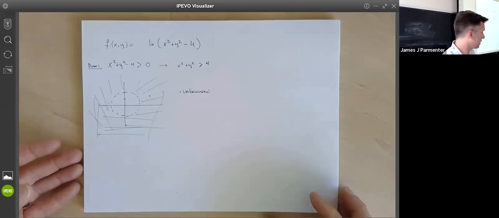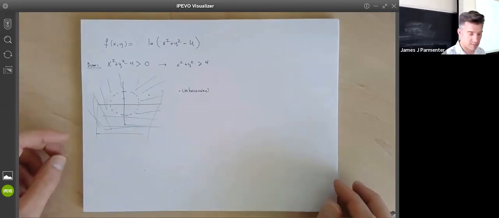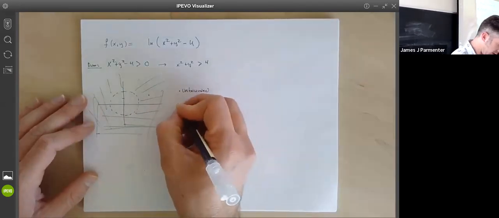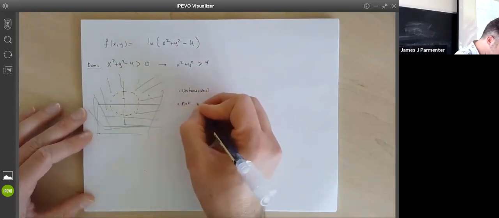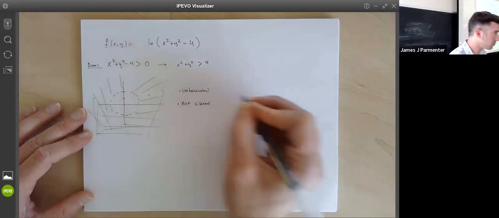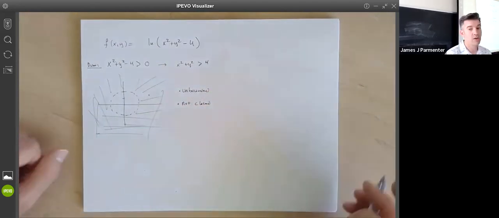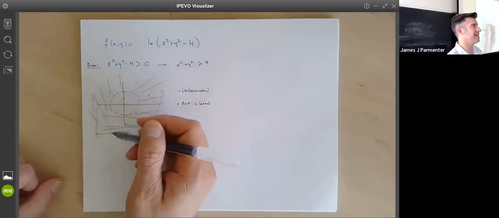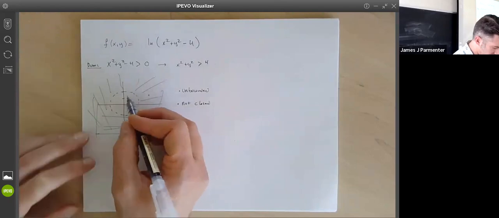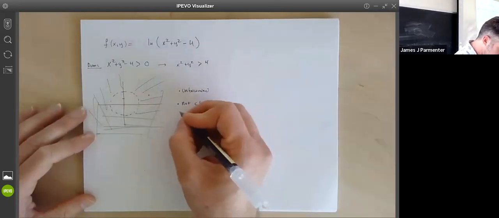So definitely not bounded. X and Y can be about as big as you want them to be. And it is certainly not closed. I don't include my boundary. Or you could say that the complement is closed. Well, that doesn't show it's not closed. Okay, fine, it's just not closed. And then it is open.